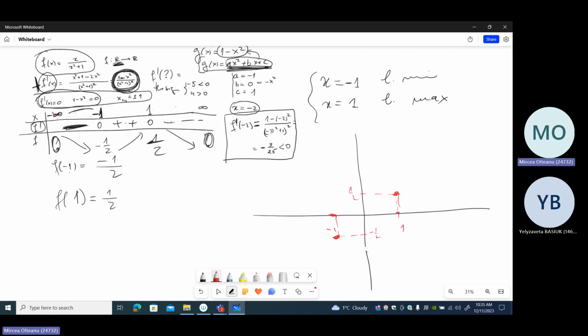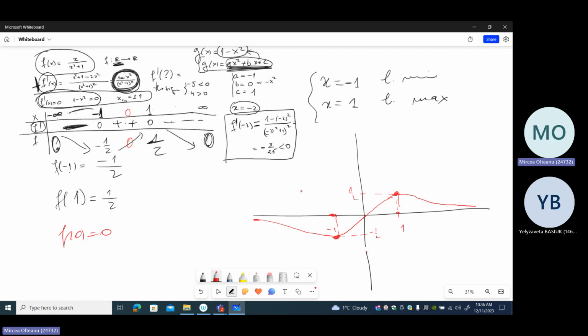So the graph starts from the point -infinity, 0, which means it is close to the x-axis. It passes through 0 because f of 0 equals 0. That is an important point because it is the origin of the axes. It is increasing to 1, and then it is decreasing to the value 0. So the graph of the function looks like this.